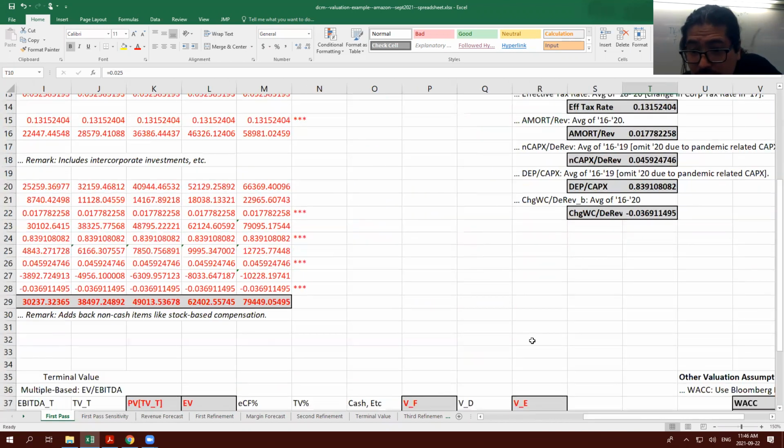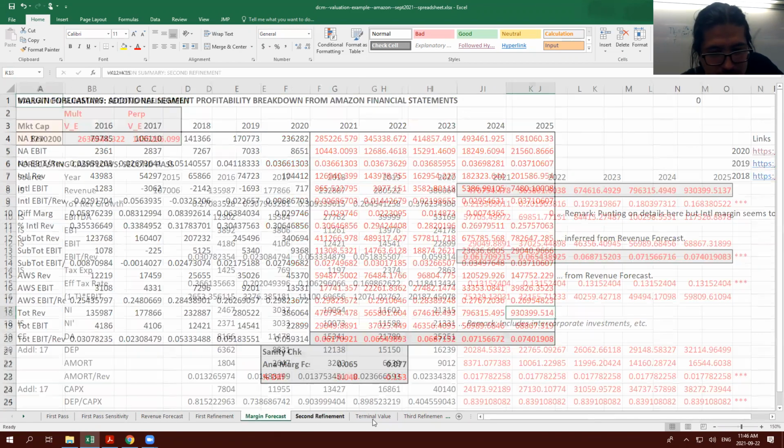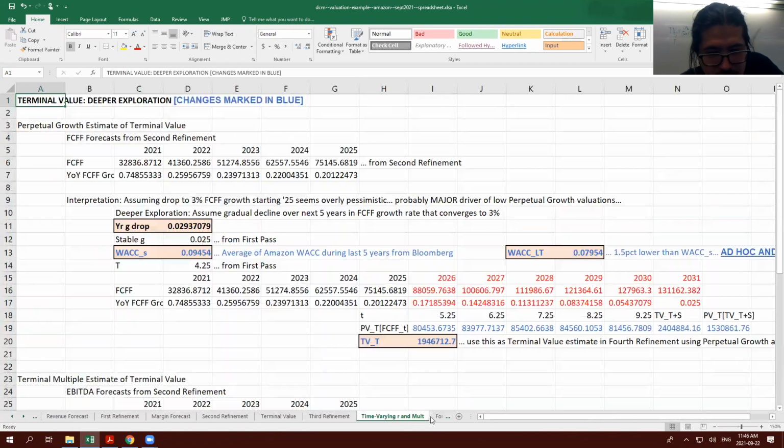Maybe somewhere here. 7.1%. So that's what Bloomberg was saying at the time. Right. So now thinking about time variation and discount rates. What have I changed? Instead of using 7.1% everywhere, I seem to have decided 9.4% as a long-term whack, right?